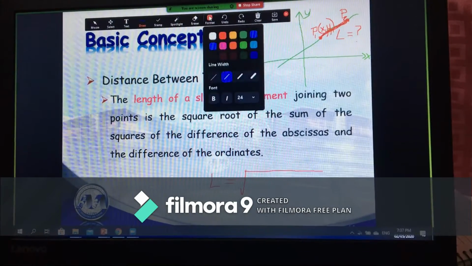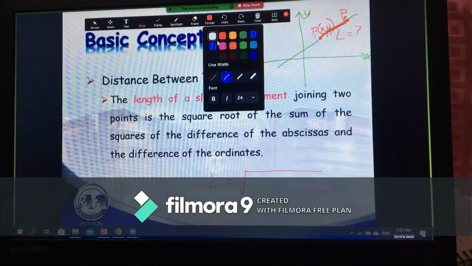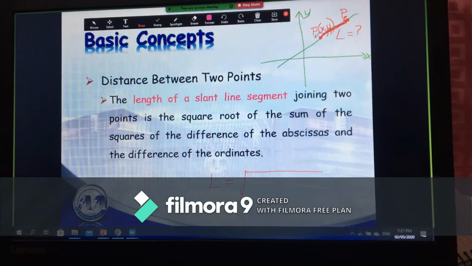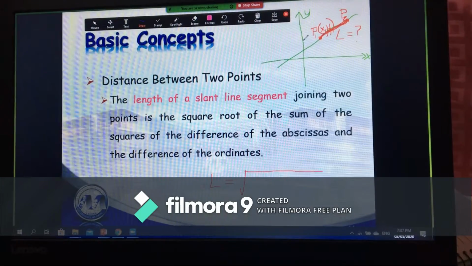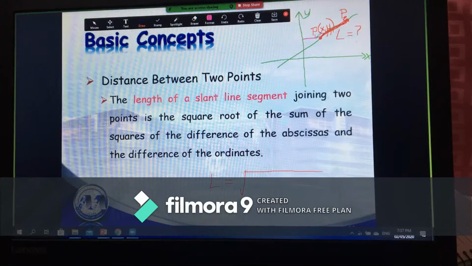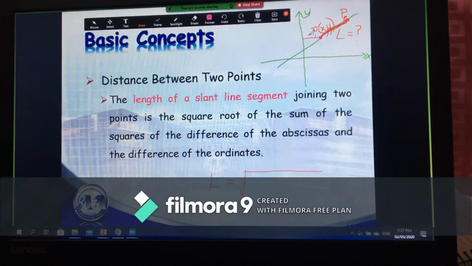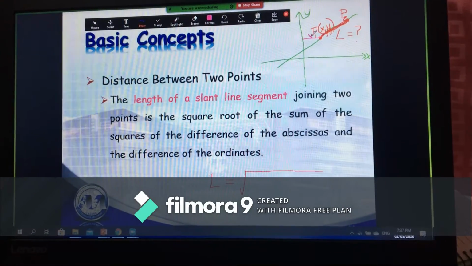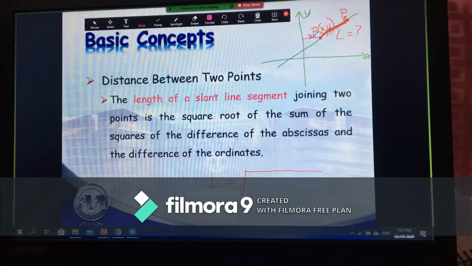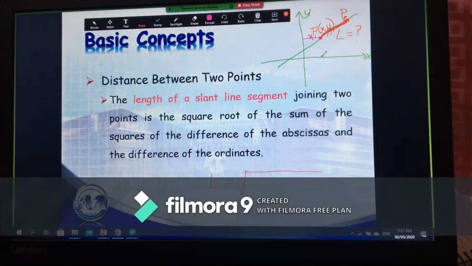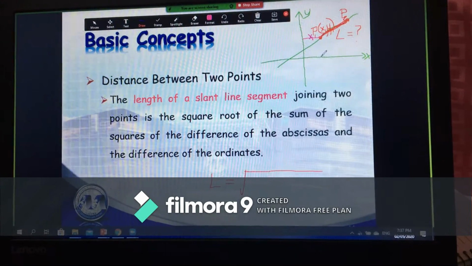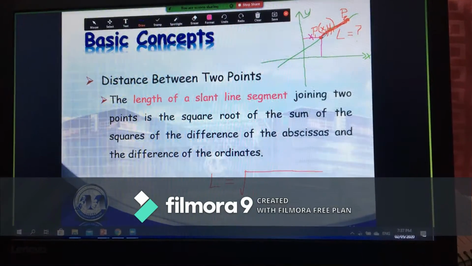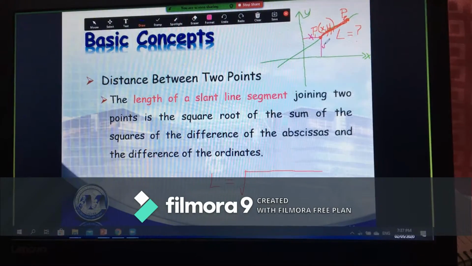So anong ibig sabihin ng x1? Ang x1 is the distance, no? Distance from the y-axis towards that point. So ito yung x1. Ano yung y1 dyan? Ang y1 is the distance from the x-axis towards that point. So ito yung y1 natin. Okay? Are you following?